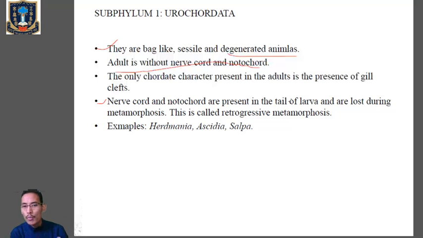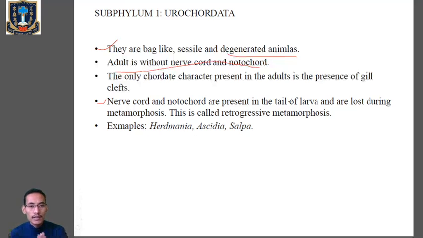But during metamorphosis, when the individuals undergo changes, meta means multi and morpho means form, so they have multiple forms. When the larval stage changes into the adult stage, the nerve cord and notochord from the tail will be lost.